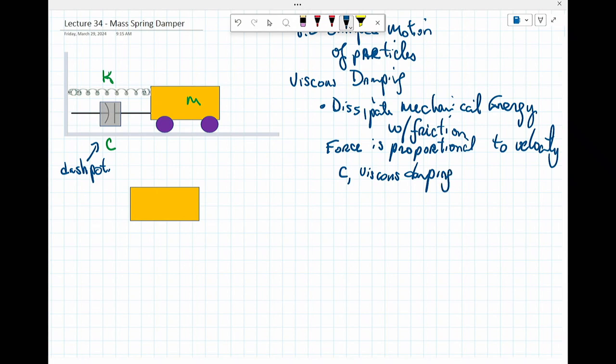So C, the viscous damping coefficient, has units of Newton seconds per meter or pound force seconds per foot.